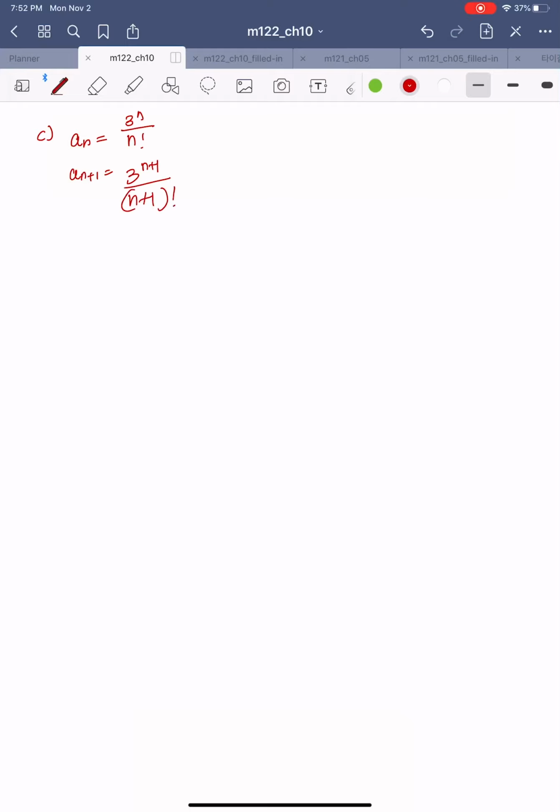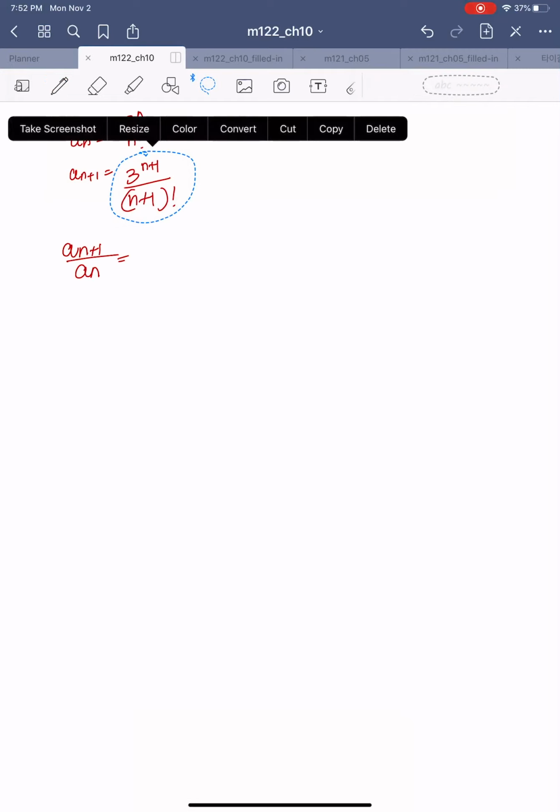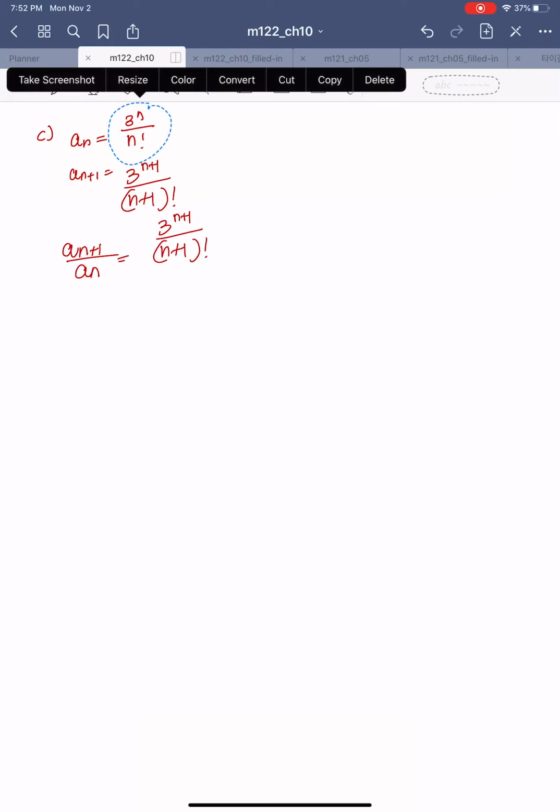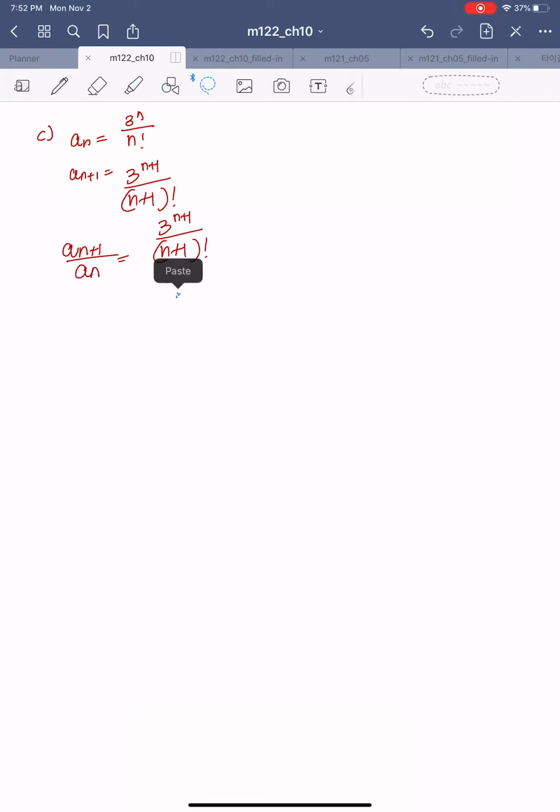over n plus 1 factorial. So a sub n plus 1 over a sub n is this quotient divided by this quotient here. Okay, now I'm going to rewrite it. You have 3 raised to the n plus 1 over n plus 1 factorial.